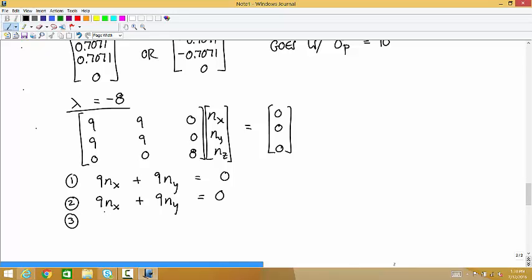And the third one says 8nz is equal to 0. Again, the first two are redundant, give you the same information, and that information is that nx is equal to negative ny this time. This one tells you that nz is equal to 0.